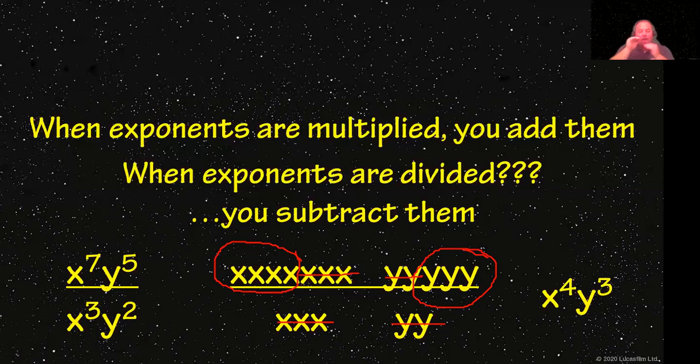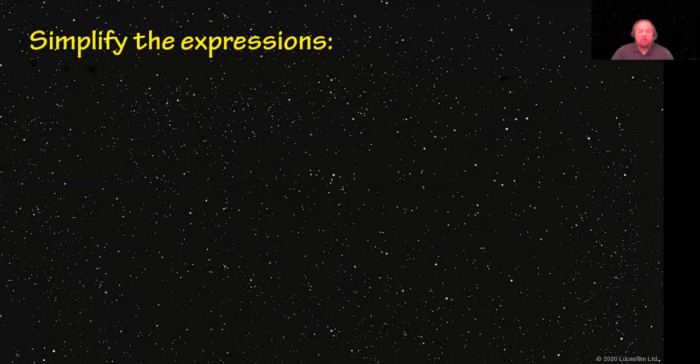But this is a way to see what you need to do and how they cancel each other out. All we did, though, if you look here, what's the difference between 7 and 3? That was 4. So x to the 4th. What's the difference between 5 and 2? That's 3. So y to the 3rd. Pretty simple just to look at that and figure out how to reduce it.